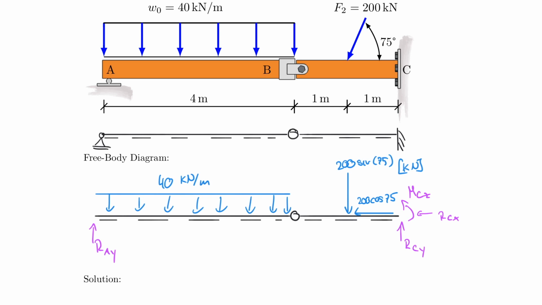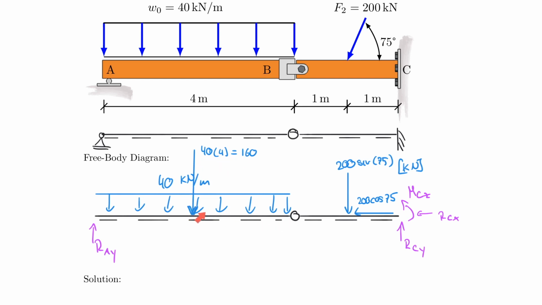So let me just for now add this force and say that there's an F resultant that's really acting here. And I really don't like to add these here, but it gets the concept across. So this would be 40 times 4, right? That would be 160.